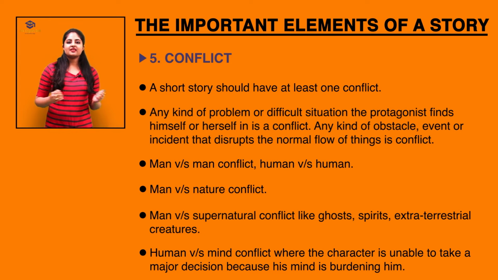Otherwise, the actions, the incidents, they can all flow naturally, but the mind is coming in between, be it the conscience, anything you might call it, and they are jeopardizing the normal flow of things. So these are the various kinds of conflicts that you can have in your story, and then develop on these conflicts and create a tight plot with strong characters.